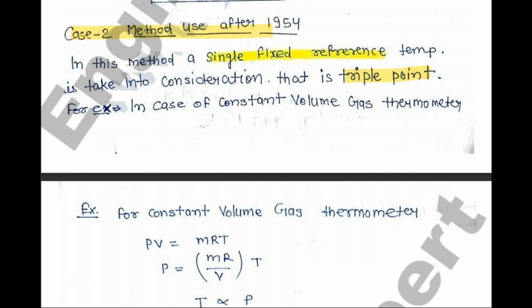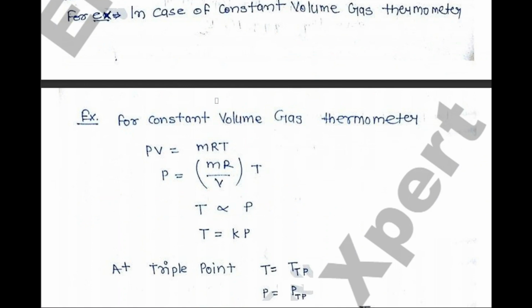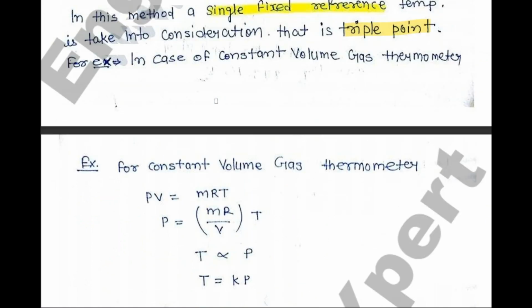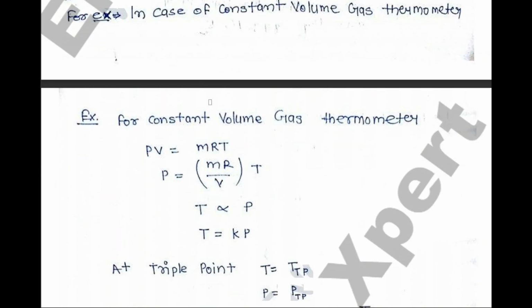The other method, used post 1954, is the single reference system, which considers the triple point as the reference state. In that case we only need one reference state because we don't have a second constant. We consider this the absolute scale because the actual temperature does not go negative in this temperature scale.